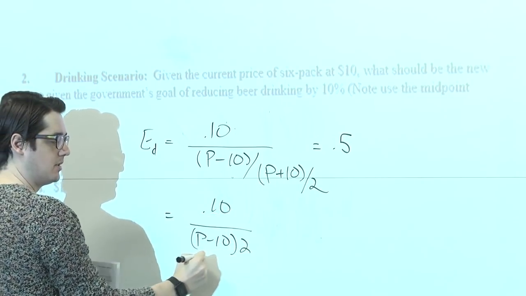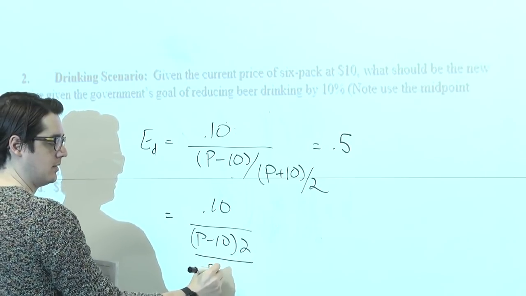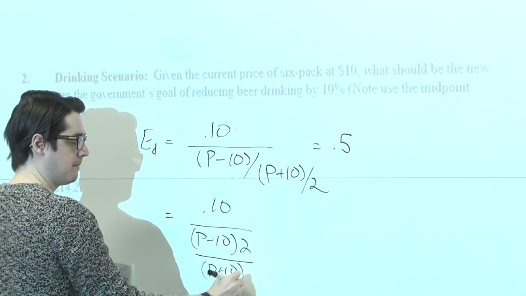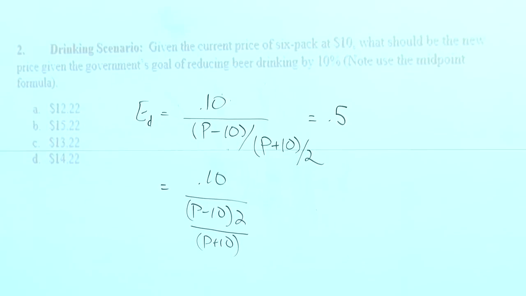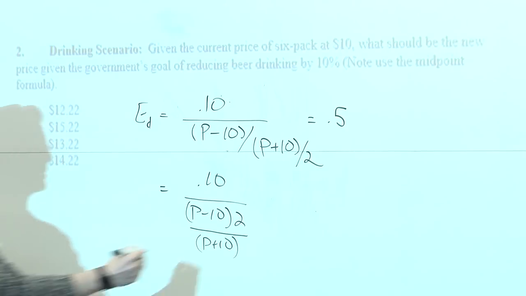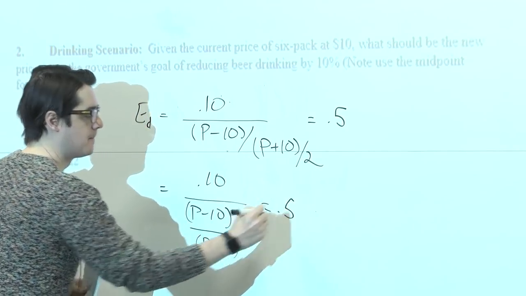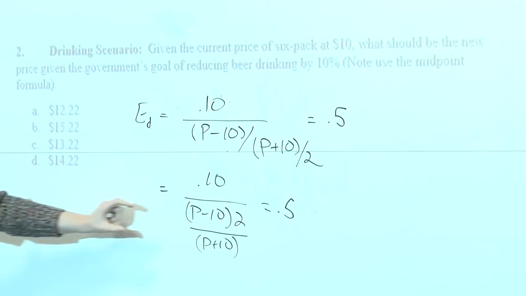So times 2 over P plus 10. Okay, so this was divided by a fraction, so I just multiplied it by its reciprocal. And this again equals 0.5. Okay, so now I'm going to do the same thing again.